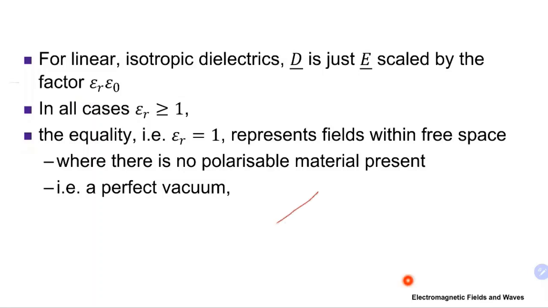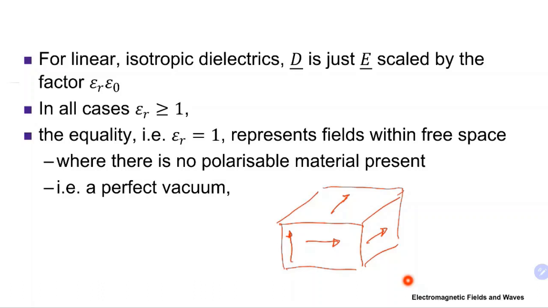So if I have a material, it doesn't matter where the electric field is, epsilon r is the same. The polarization is the same. It doesn't matter where I apply the electric field. This is what is known as linear and isotropic.